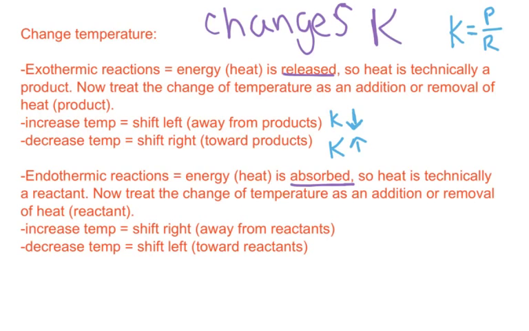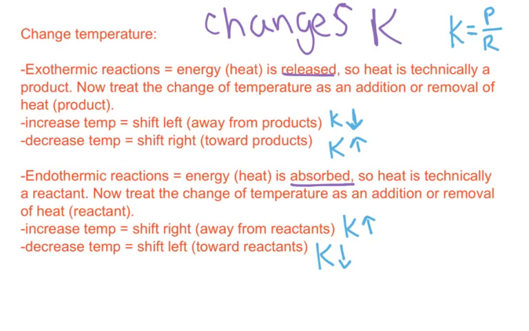Now with an endothermic reaction, you have to think about which way you're shifting. If we're increasing temperature, we're shifting to the right, and K increases because my products are going up. And then decreasing temperature, you're going to shift to the left, which means K will decrease.